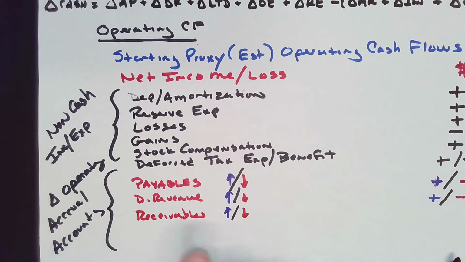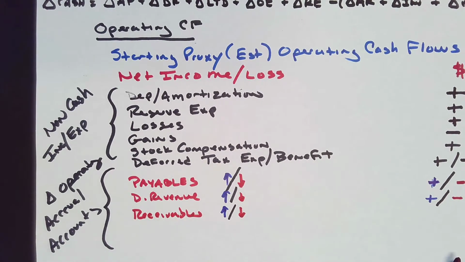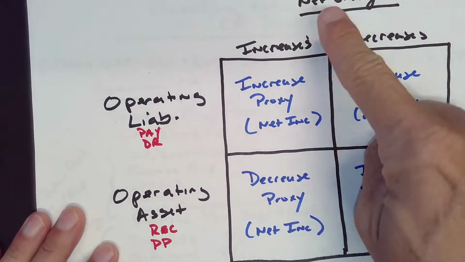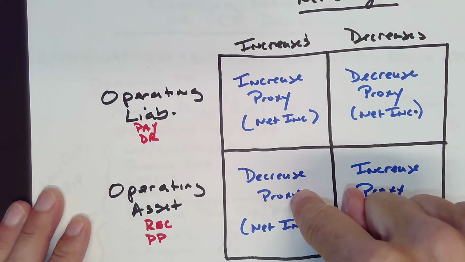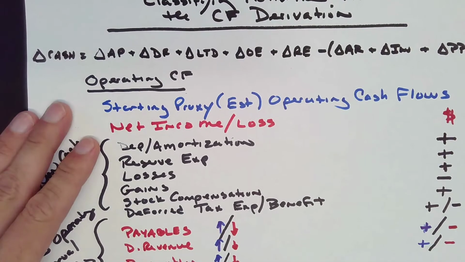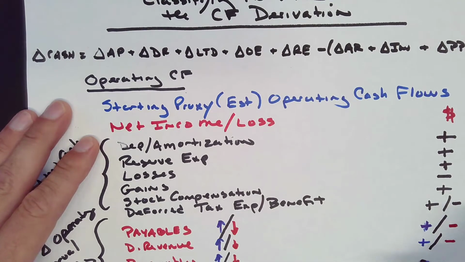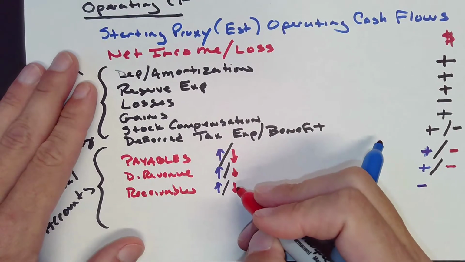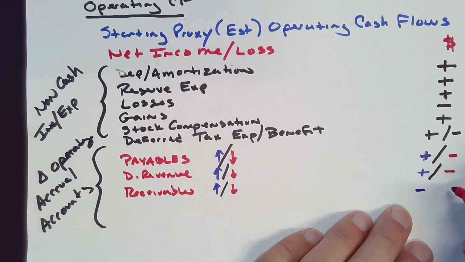So if we have an increase in a receivable, we have an increase in an operating asset. What do we do to the proxy? We decrease it. Here we're going to decrease the proxy. And if we have a decrease in the receivable, we're going to increase the proxy.